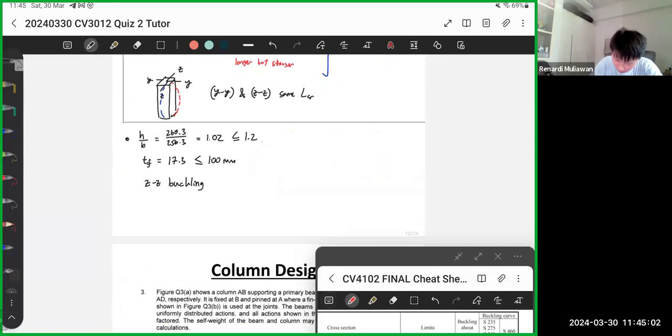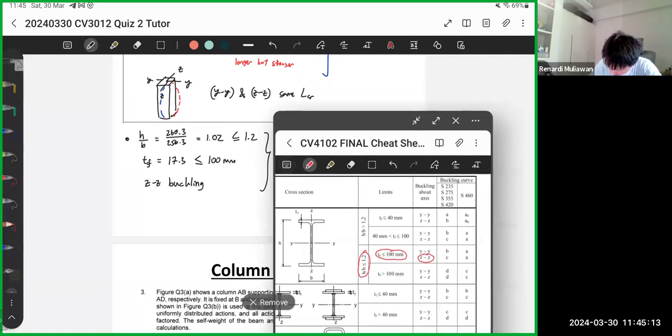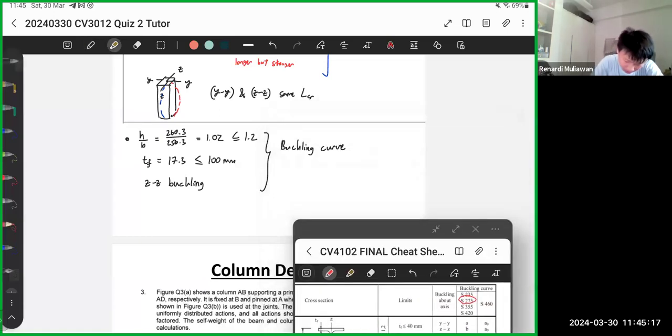So what's the buckling curve? It's S275, so buckling curve C. Remember this one is 275.